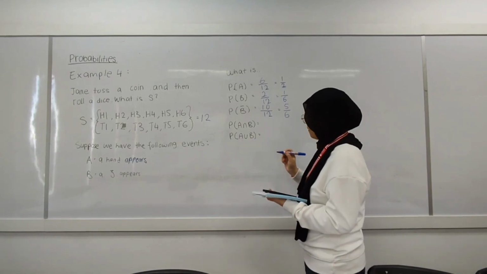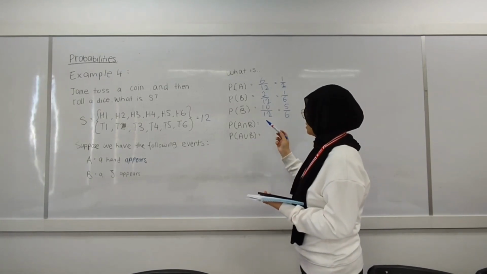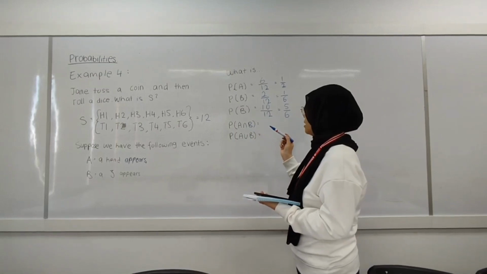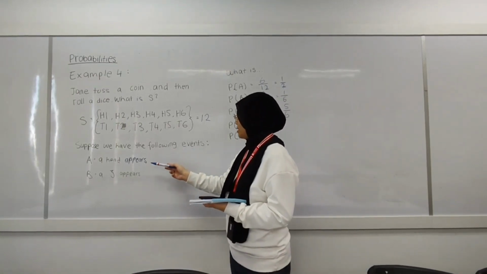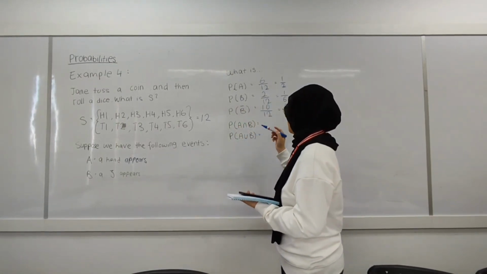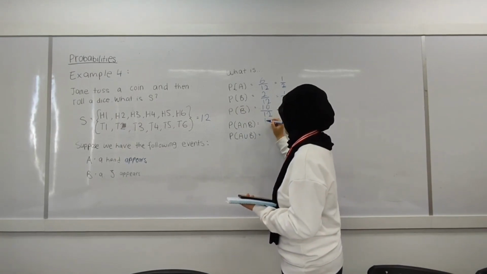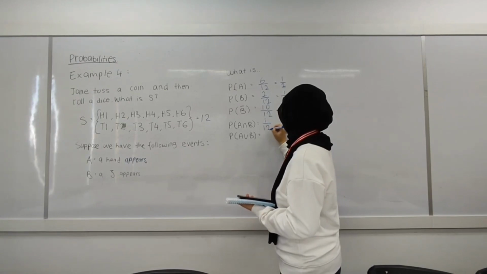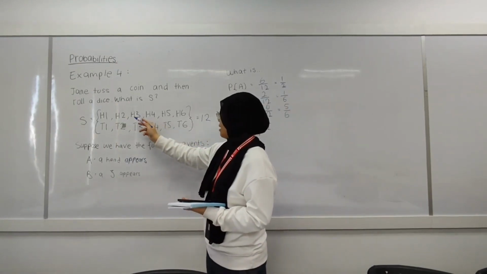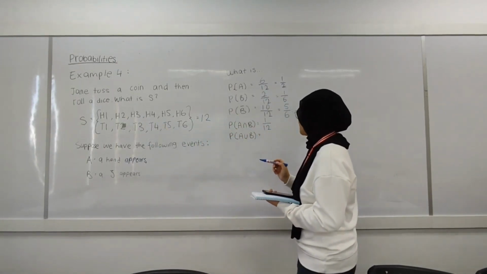Okay, for the probability of A and B, the head appears and 3 appears, we only get 1 over 12, because head and 3, there's only 1.